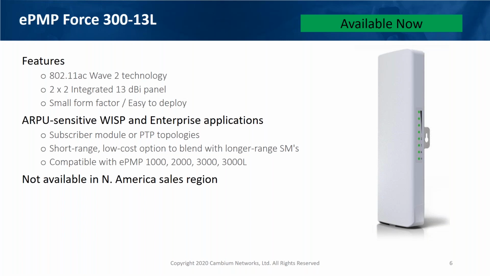Some of you may ask, well, we already have a Force 300-13, which is also a 13 dBi gain subscriber module. What's sort of the trade-off or benefits? The 13 is a little bit more expensive. It's about a 20% premium. So the 13L is about 20% less than the Force 300-13. What the Force 300-13 brings is a little bit narrower channel.